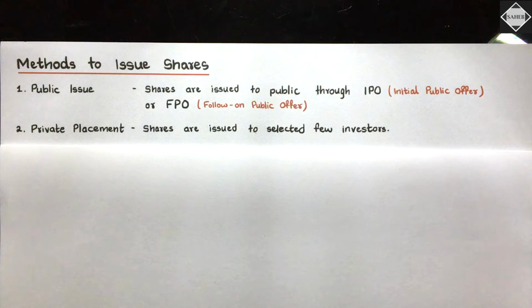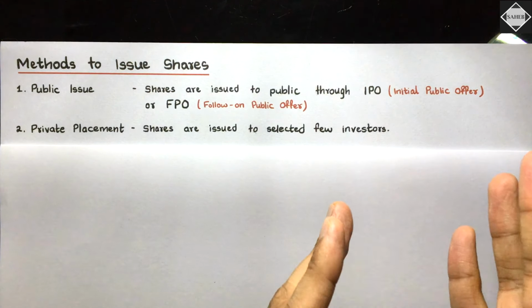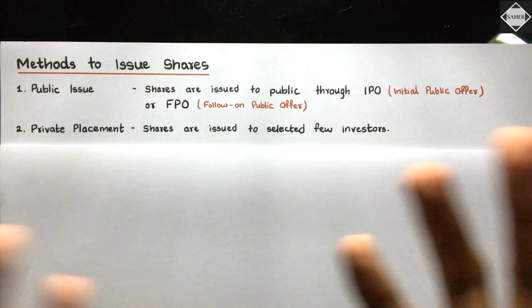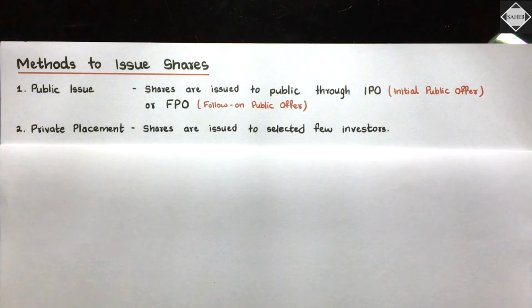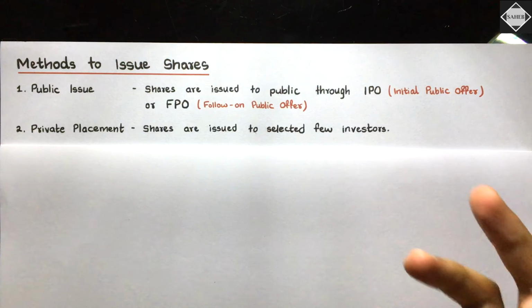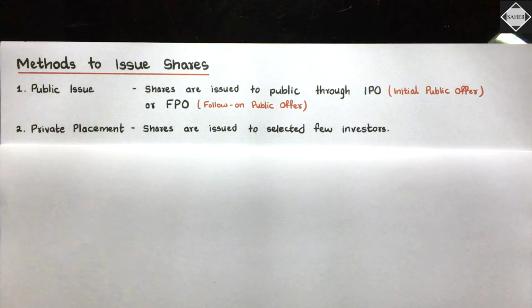What happens in Shark Tank? The promoters come, they pitch, and the sharks invest in their company. Then as an accountant of their company, we have to do the treatment of issue of shares to the sharks. Privately the shares are being issued.